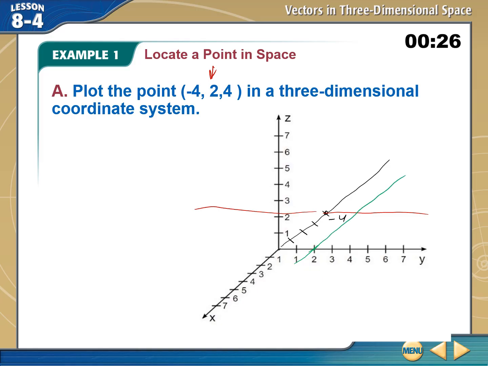Wherever these 2 lines are meeting, join this intersection point with the origin. After it, you find the point on the z-axis, that is 4, and make a line that is parallel to that line which is emerging from the origin.